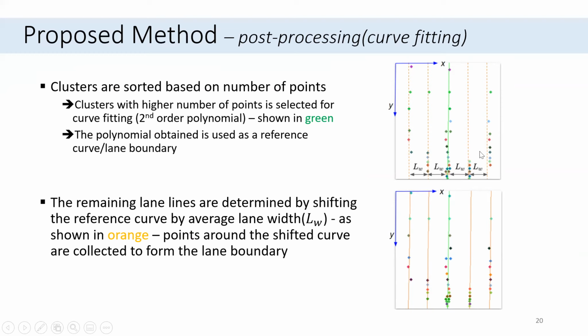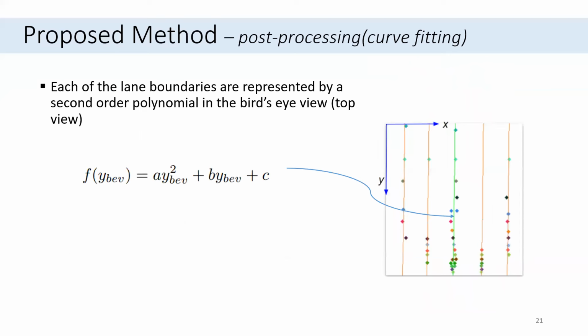If a significant number of feature points are obtained around this region, then another curve fitting is applied to the points collected in that region. This way, the lane boundaries can be found, as shown in these orange colored curves. So at this stage, we have all the lane boundaries modeled by a second order polynomial as shown here.